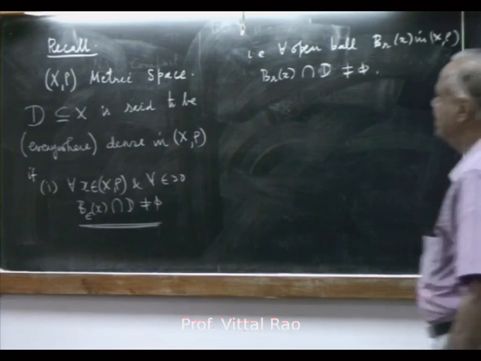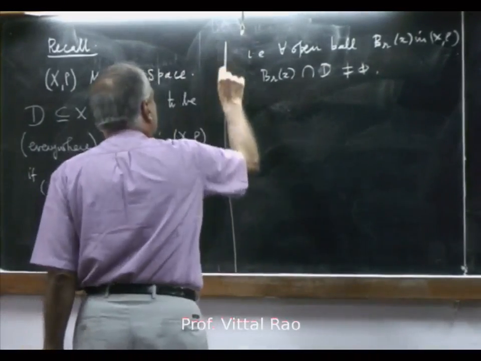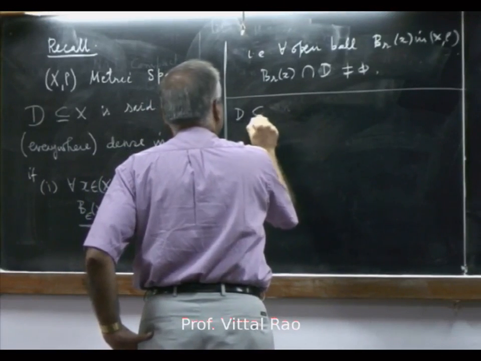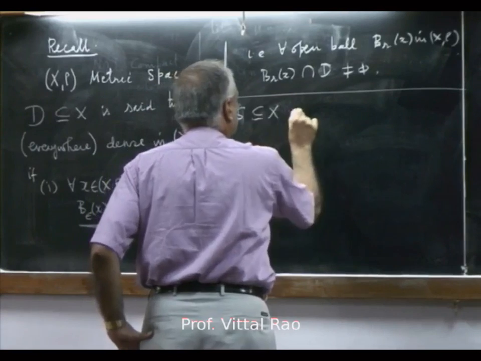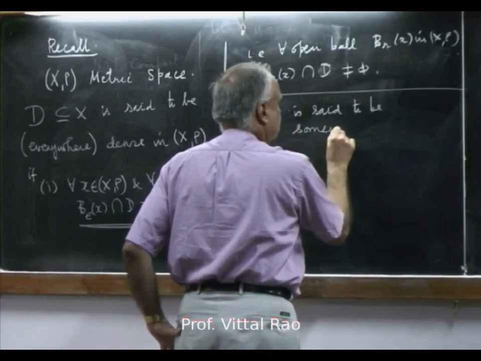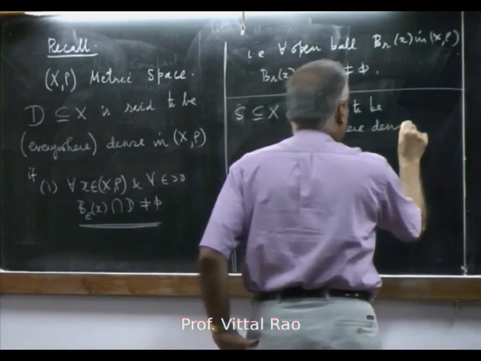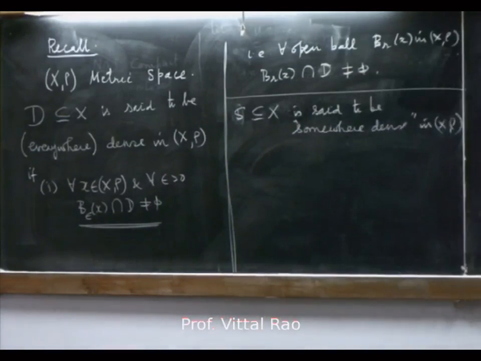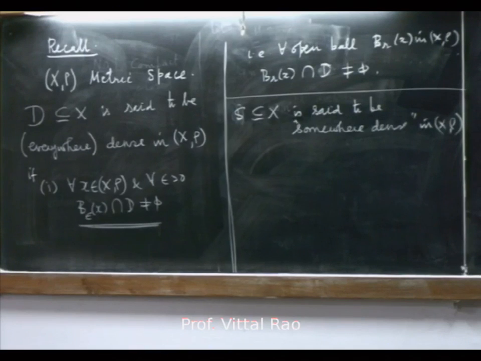What is meant by somewhere dense? It means there is some place where whatever you do, they are there. What does that mean? There exists an open ball such that whatever smaller open ball you choose inside, there will be points of S in that.